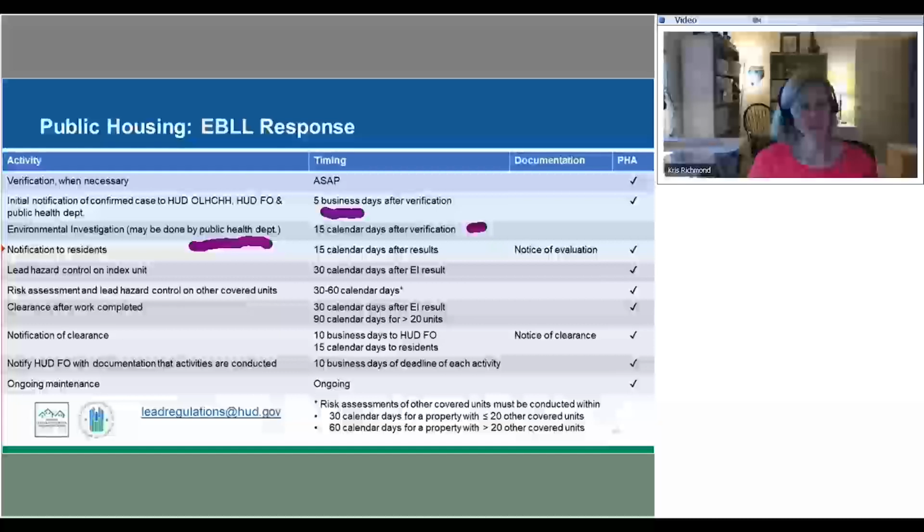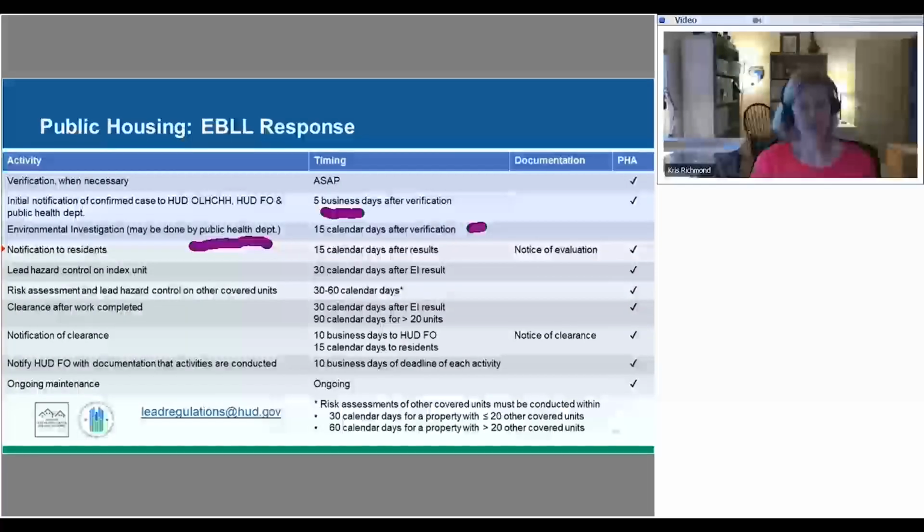Now, if we find out that the index unit does not have lead in the unit, then that's the end of our involvement in this situation. So we can document it: the child did not have EBLL because of our unit. That's documented. And then the family will continue to work with the health department or whatever other organization is working with them to try to figure out where that is happening.